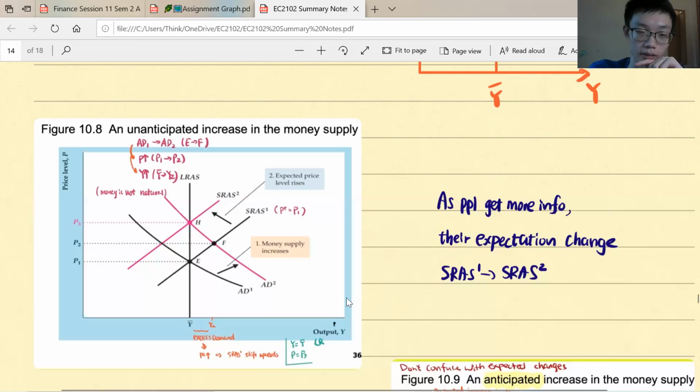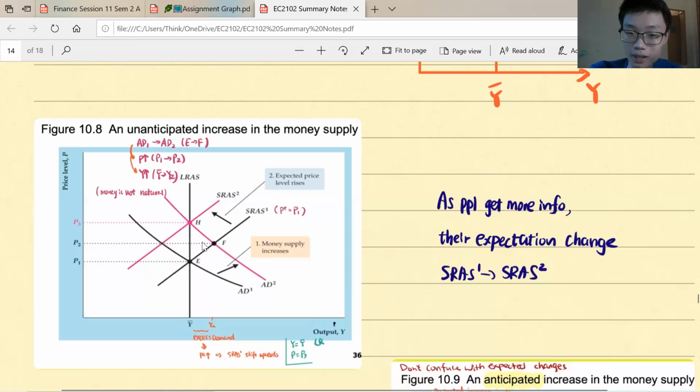Let me put it this way. First, don't look at SRAS 2, only look at SRAS 1. When the AD changes to AD2, now the economy is producing at point F. You have output more than the full employment level output, Y bar. That is excess demand.